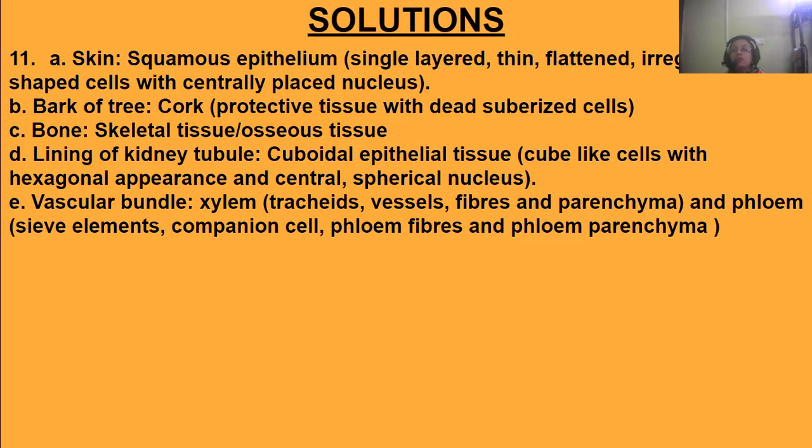The bark of the tree is composed of cork, which is a protective tissue with dead suberized cells.